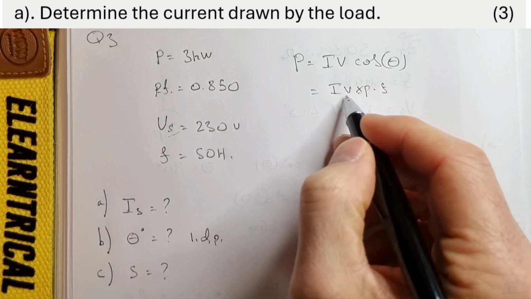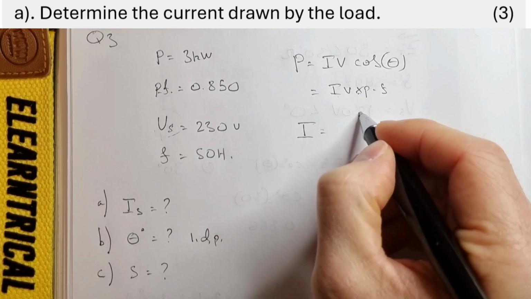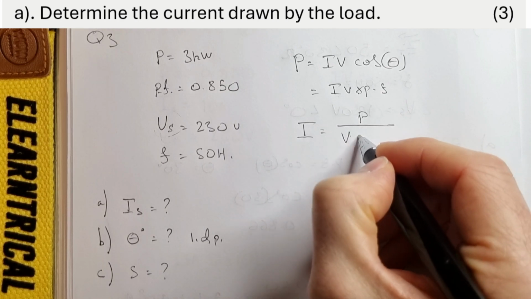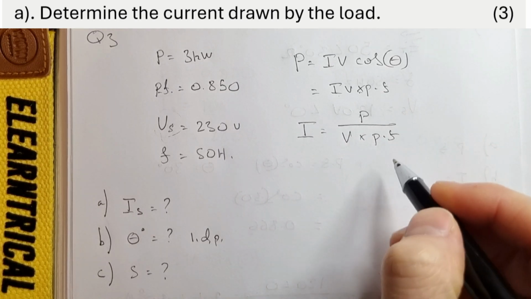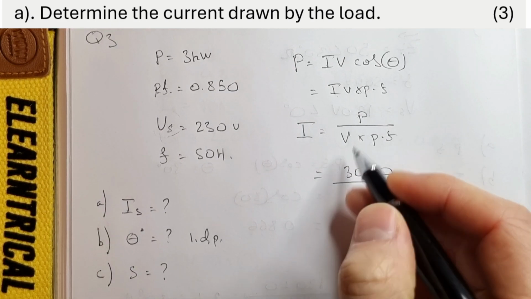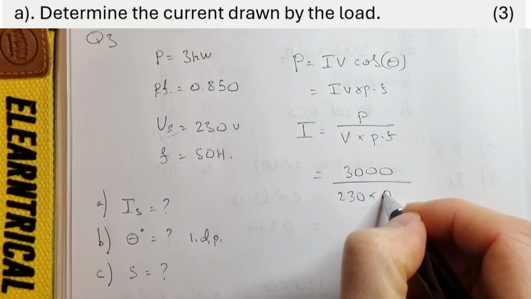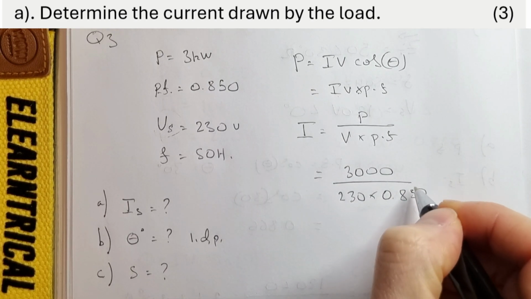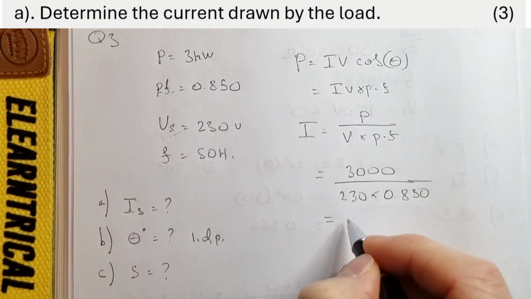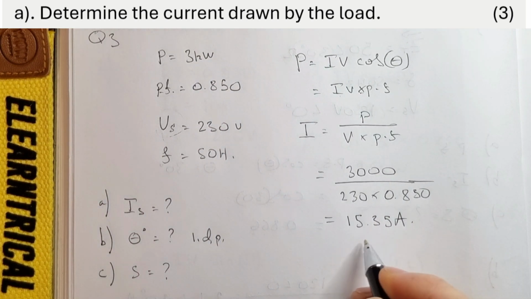So we could rearrange this to get our I, which is our supply current, being equal to the power divided by the voltage times power factor. And that would give us 3000 divided by our voltage of 230 multiplied by our power factor of 0.850, and that gives us a supply current of 15.35 amps.